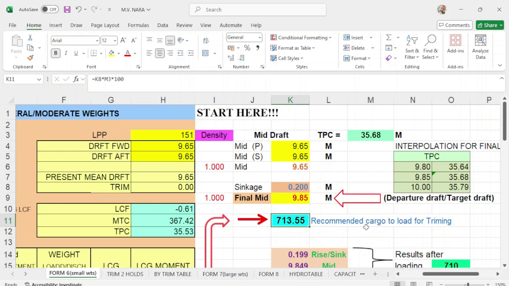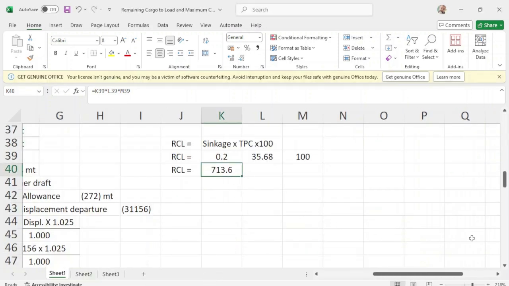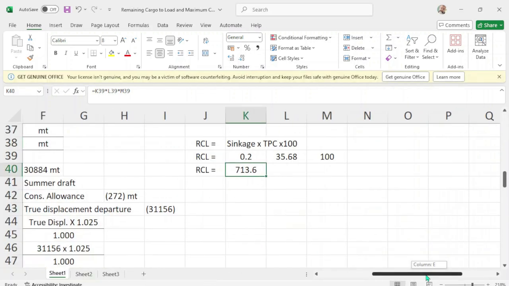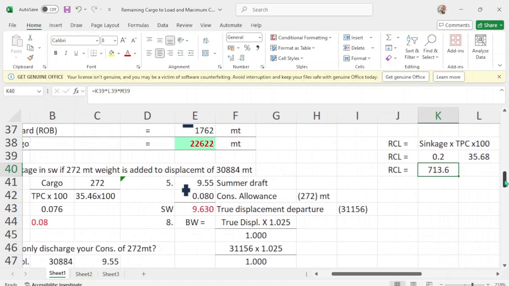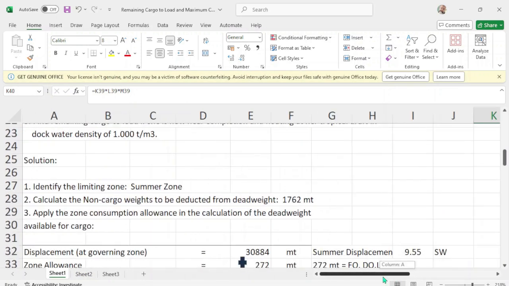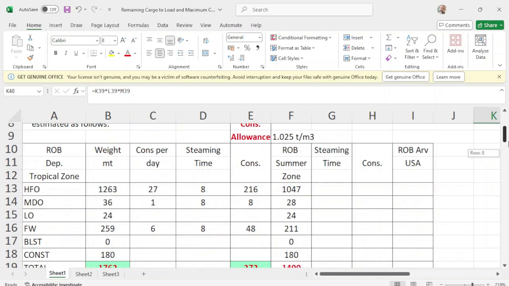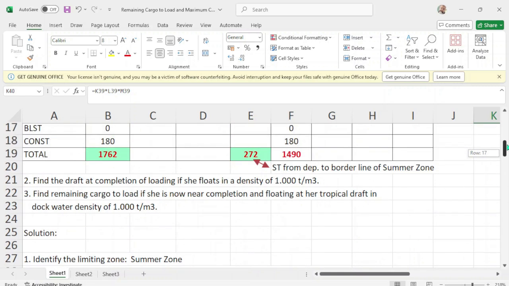Okay. Now, the problem stops only here. Find the remaining cargo to load for when she is now completion load.